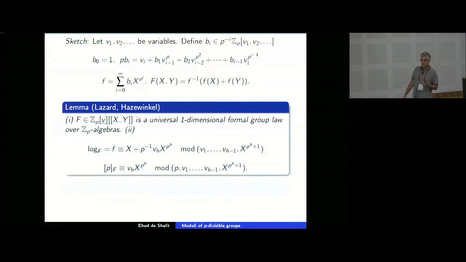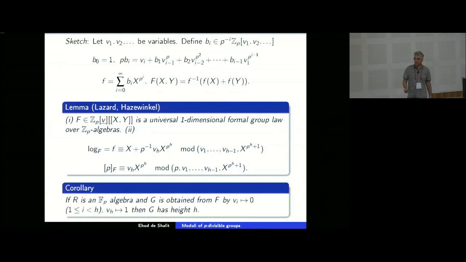But what this means is that if you specialize V1 up to VH minus 1 to be 0, and you reduce mod P, then your power series begins with x to the P to the H, which means that the height is H. Now the V's, there's too many of them, and there's no uniqueness.